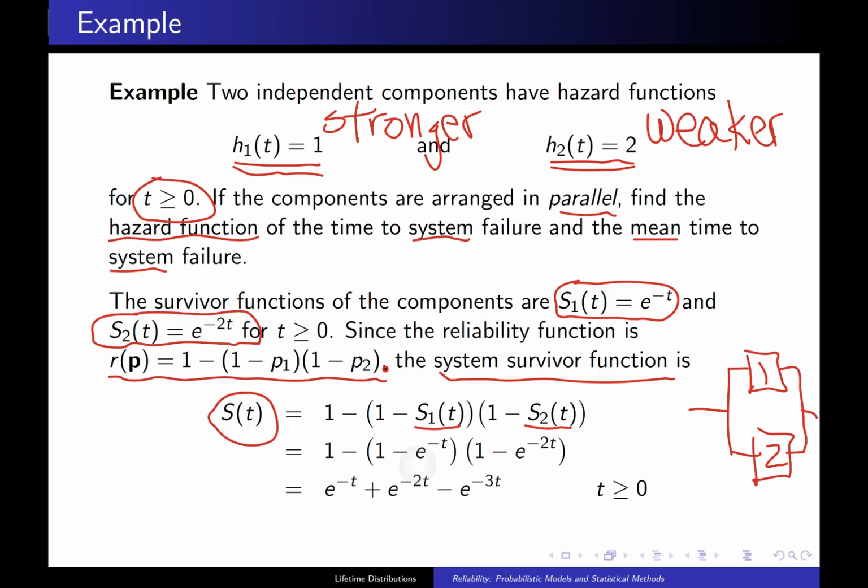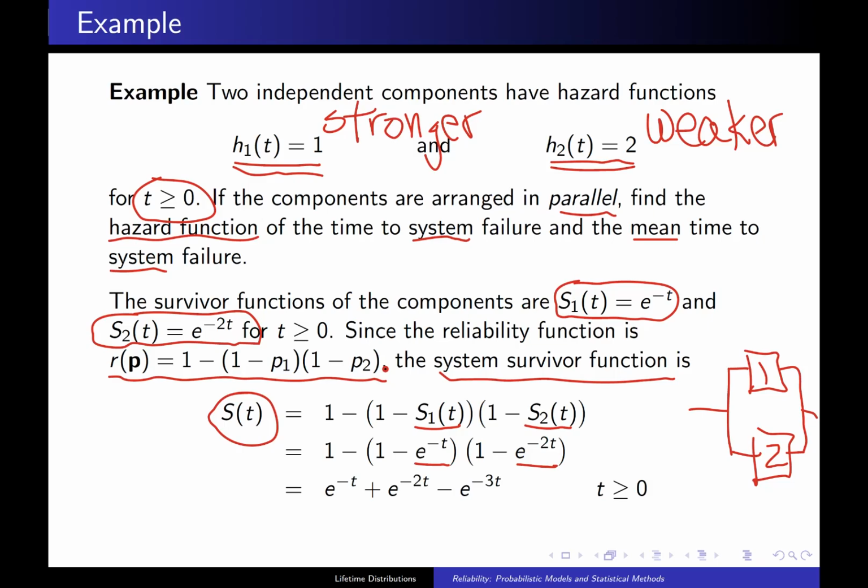Again, S1 of t is e to the minus t, S2 of t is e to the minus 2t. When you simplify that expression, you can see the 1's drop out, and you get e to the minus t plus e to the minus 2t minus e to the minus 3t.